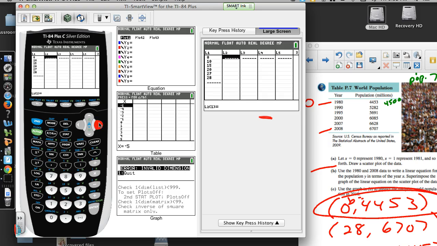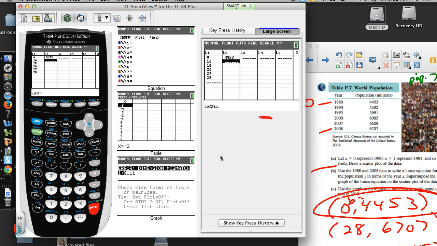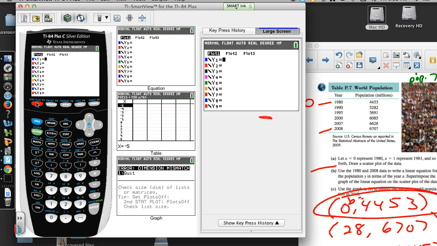And let's go ahead and put in 4453, enter, 5282, 5691, 6,085, 6628, and 6707.